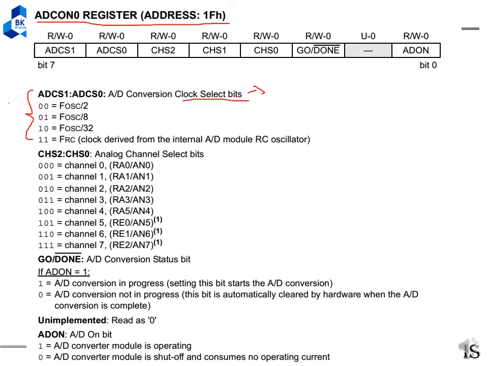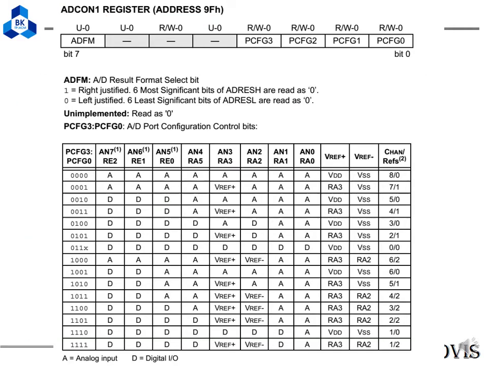The bits from CHS2 to CHS0 choose the channel, that means choose the pin we will read. And the last one is ADON, that means we enable the converter. And this is the ADCON1 register.